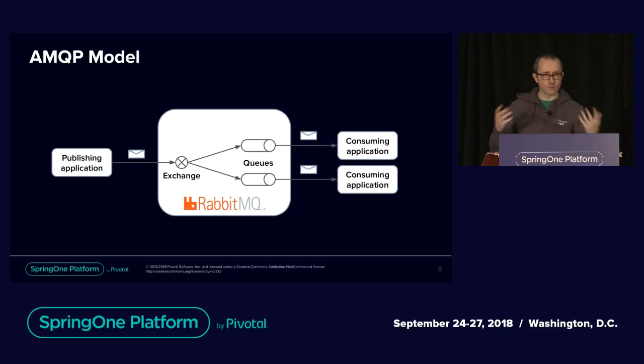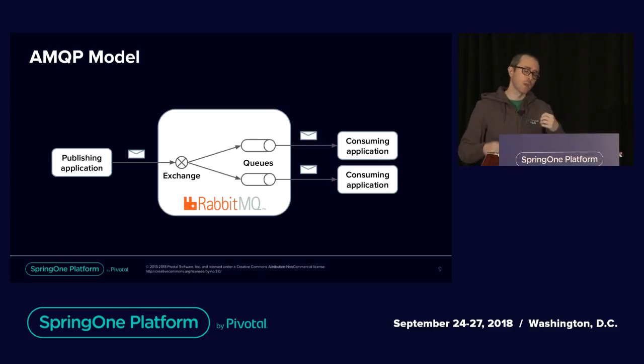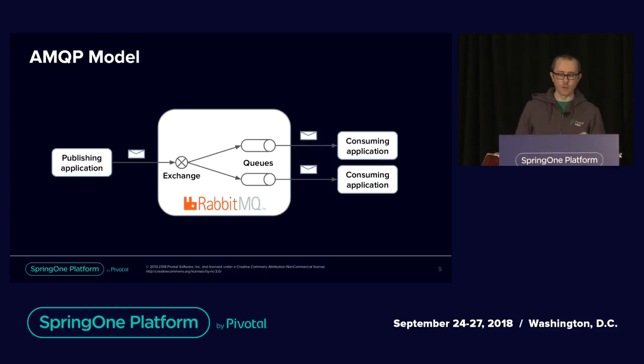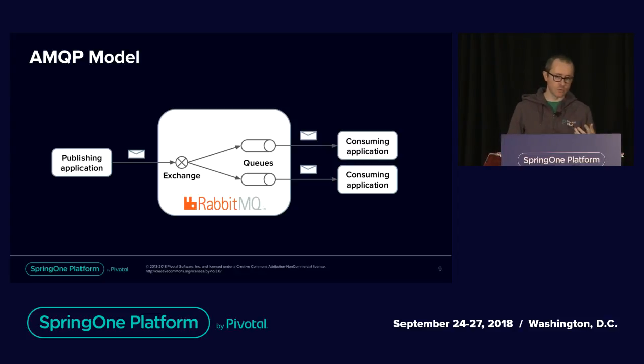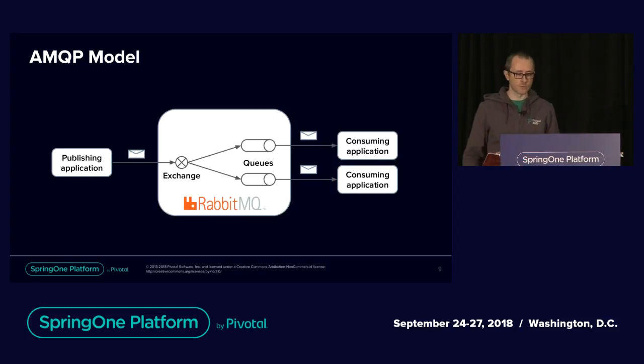This is all defined in the AMQP specification, AMQP 0.9. And we call all these exchanges, queues, and bindings between them resources or the topology of your cluster. So if you're not familiar with AMQP, try to remember this: we publish to exchanges, routing rules, bindings, route the messages to queues, and then we consume from these queues.